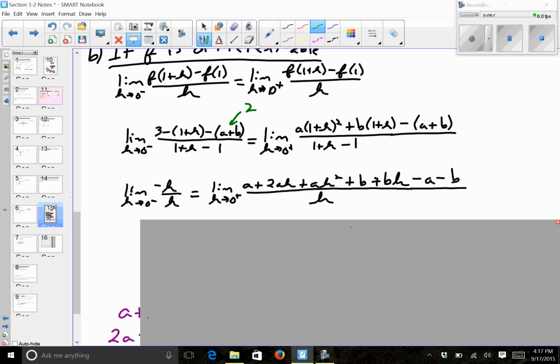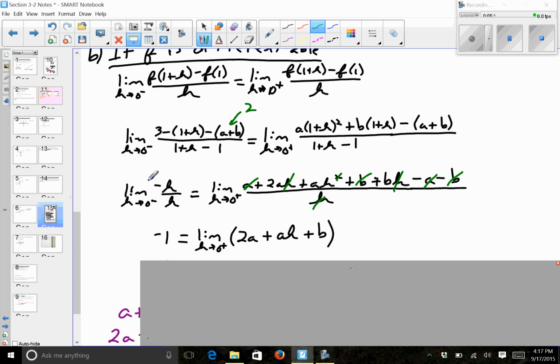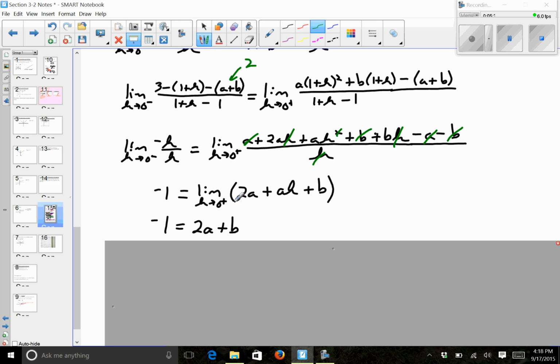Well, if you notice, the a's cancel, the b's cancel, and then I can cancel an h out of each part of what's left. And so what I now have is the left side, that limit I simplified at -1, and on the right I'm doing the limit as h approaches 0 from the right of 2a plus ah plus b. And if I go ahead and substitute in 0 for h, I get 2a plus b on the right.